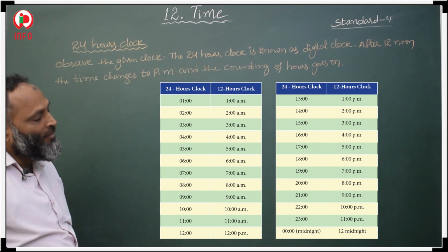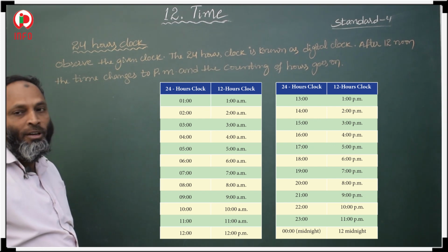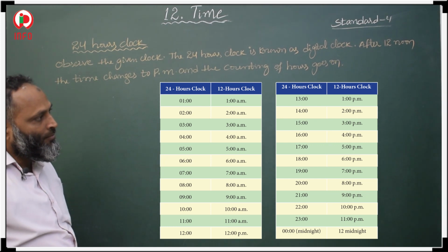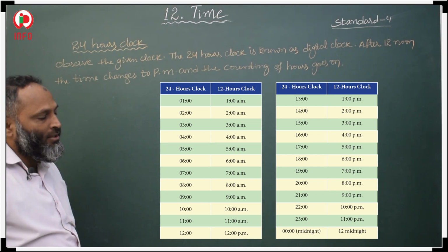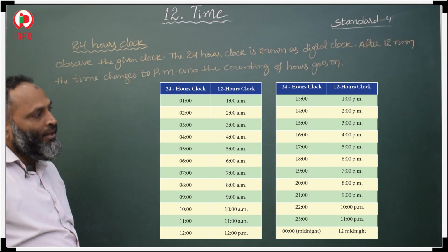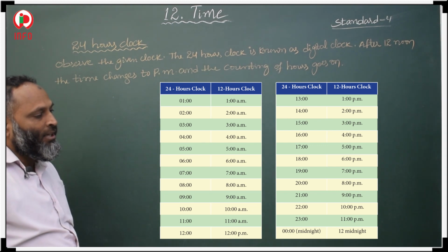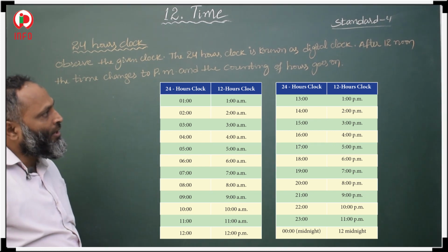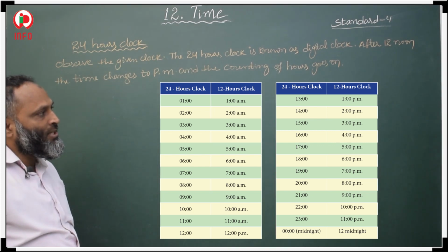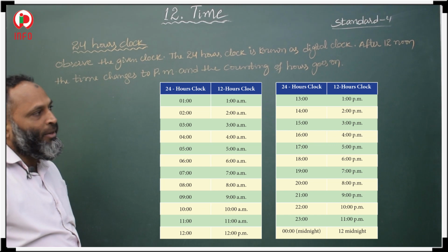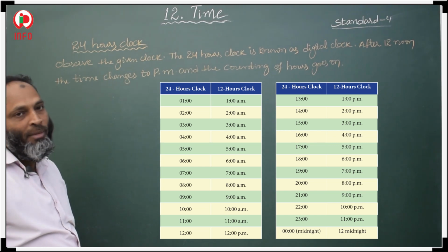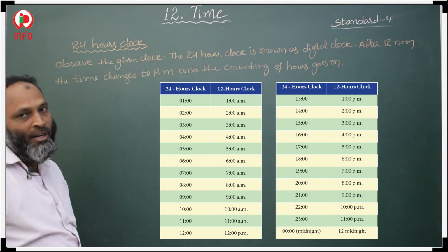Then 8 PM is 20 hours, 9 PM means 21 hours, 10 PM means 22 hours, 11 PM means 23 hours. Then after that, the digital clock shows 00:00, that means 12 midnight.